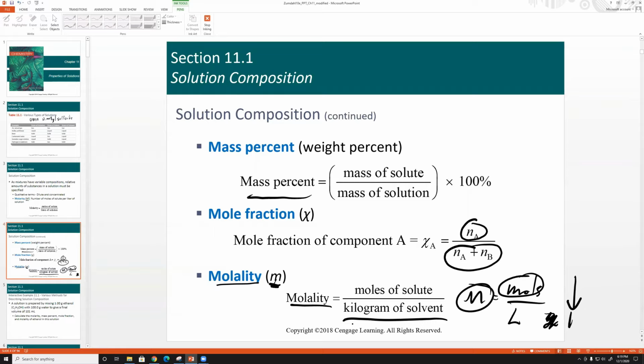But my point is that molarity would change a lot when you have gases, if you heat up the gas or you increase or decrease the pressure. So just important to know the difference. Molality is more absolute because it strictly depends on moles and kilograms, which are amounts. It depends on the mass and the molar amount of the stuff you have, whereas molarity depends on liters.